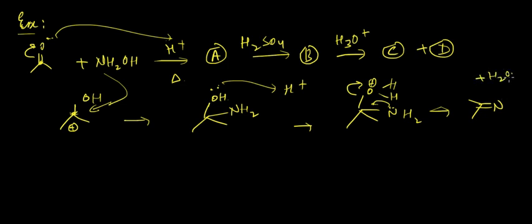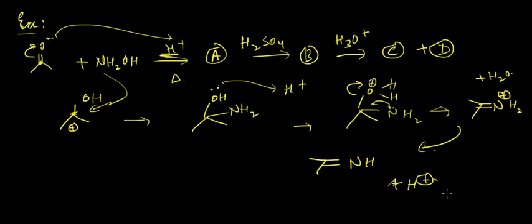Obviously water molecule is removed, and we'll get something like N plus H2. Okay, next what will happen is we'll get something like this with H plus recouped back into the reaction, which was consumed in this part, it is recouped.